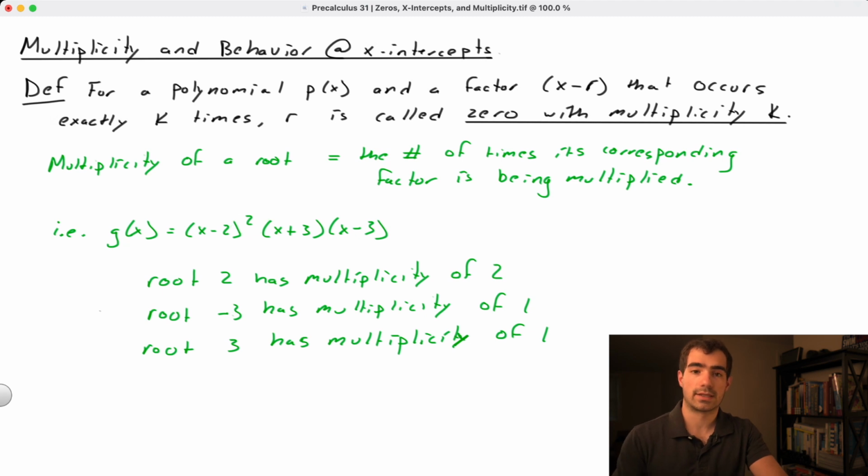And now the reason why this is significant, at least in terms of looking at a graph of a polynomial, is because the parity of the multiplicity, in other words, whether or not it's even, like in the case of (x minus 2) squared, or odd, like in the case of (x plus 3) to the first, that's going to determine whether the graph goes through the x-axis or whether it just touches and turns back.